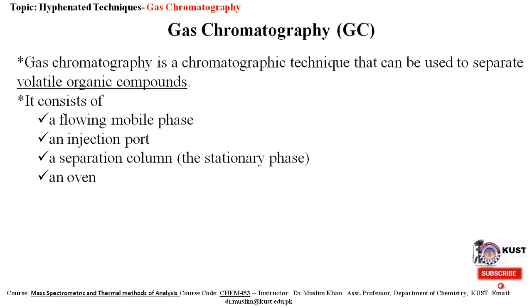And an oven. This is an additional thing in gas chromatography, which is not there in the HPLC system. I will tell you what is the function of the oven. And then finally, when something is coming out of this column, this must be detected. So a detector.